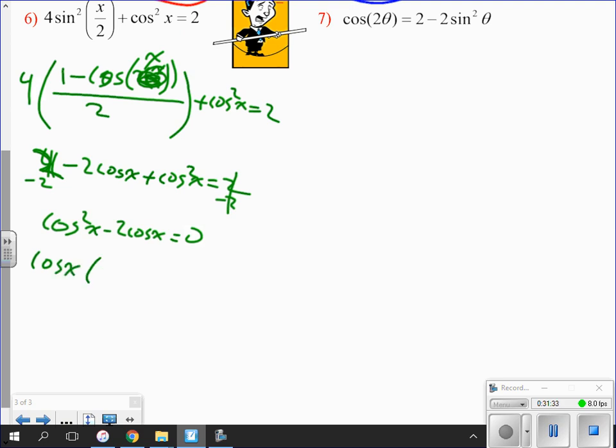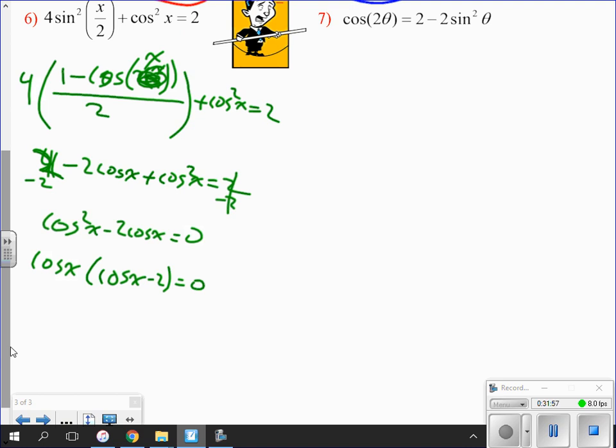Cosine x times cosine x minus 2 is equal to 0. You have a 2 on each side. You subtract 2 from each side, what do you get? But then what about the negative 2? It's still there. I just swapped these two to make it a little easier to work with.